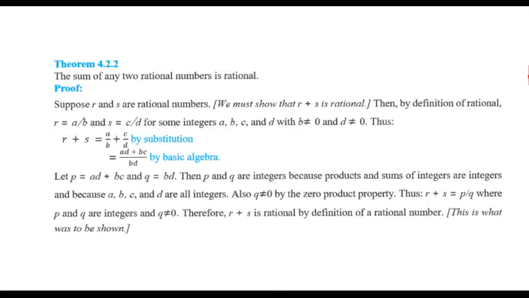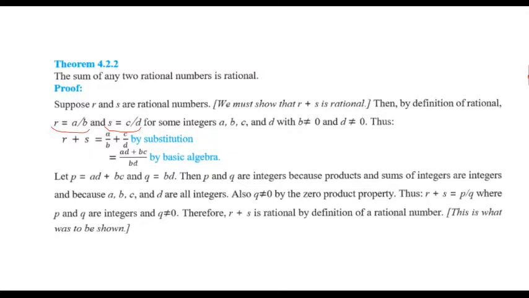Since r and s are both rational, you can write r and s in this form. r can be a divided by b, and s can be written as c divided by d, where a, b, c, and d are all integers, and b and d are non-zero, because b and d are the denominators of these two fractions.